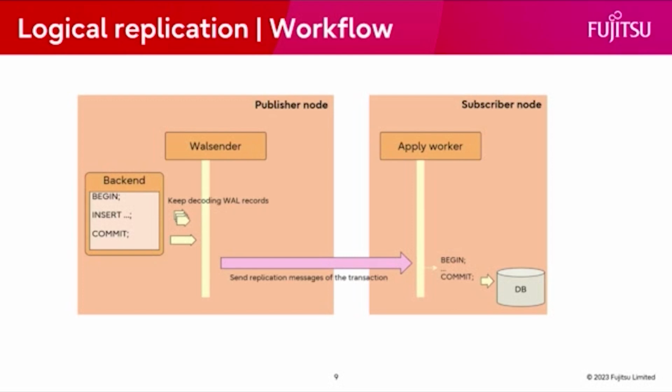So when a backend generates WAL, the walsender checks the generated WAL and decodes it. When the transaction is committed on the publisher side, the decoded results, called replication messages, are transferred to the apply worker by using the streaming replication protocol. And then the apply worker applies the received messages in the correct transactional order.